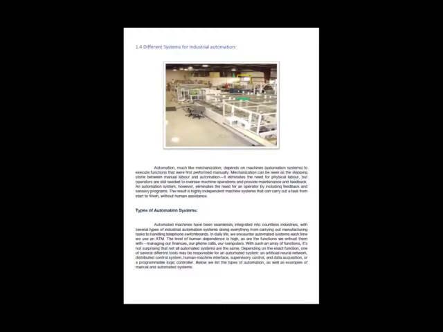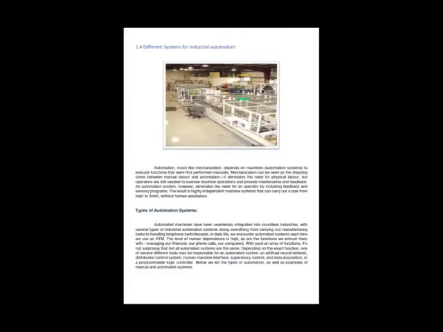In front of you, you have this representative diagram of industrial automation. This is only for your reference. It is not any particular kind of industry. It is a representative diagram of what automation flows actually look like. In day to day life, we are dealing with a lot of automated systems.